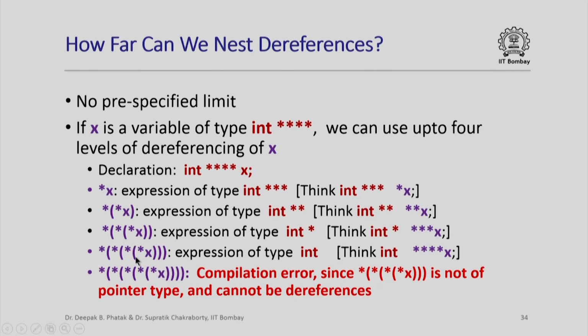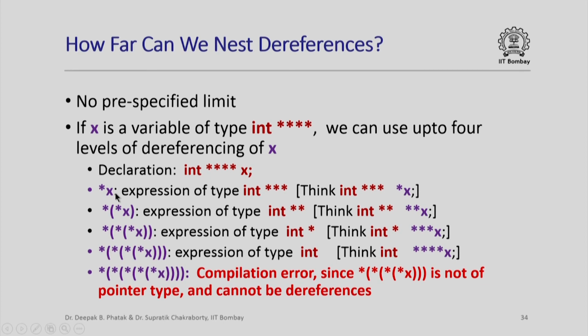Now how far can we nest dereferences? As far as you want. For example, if x is a variable of type int ****, then we can use up to 4 levels of dereferencing of x. Basically a variable x of type int **** is a pointer to a pointer to a pointer to a pointer to an integer.